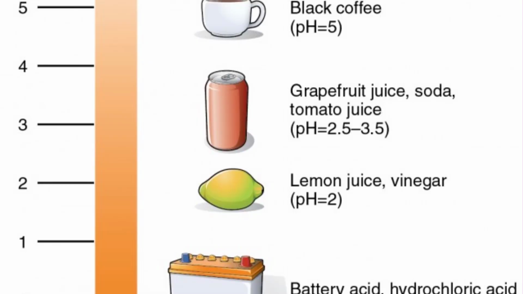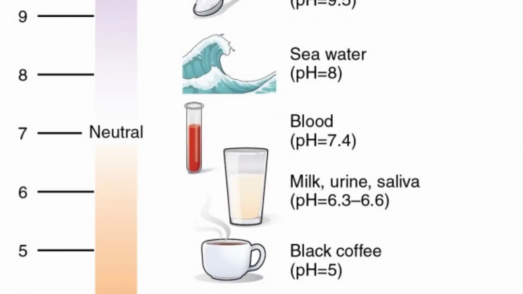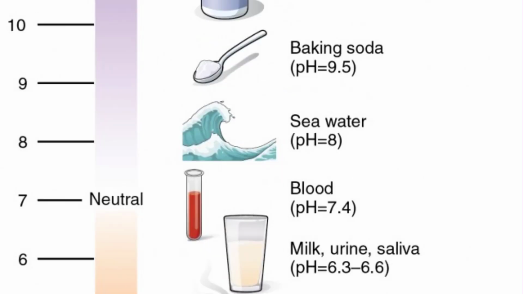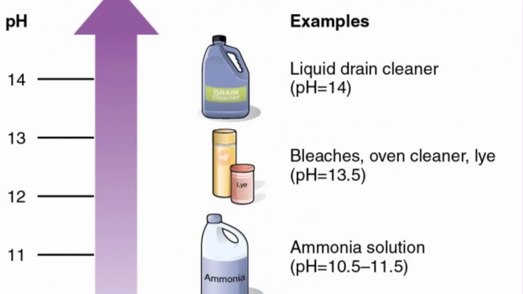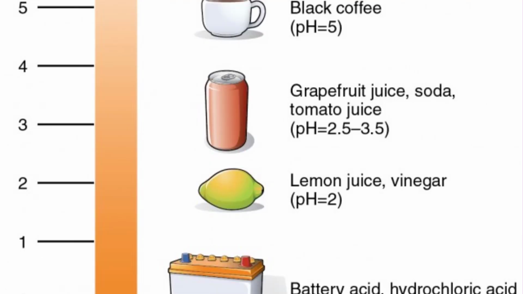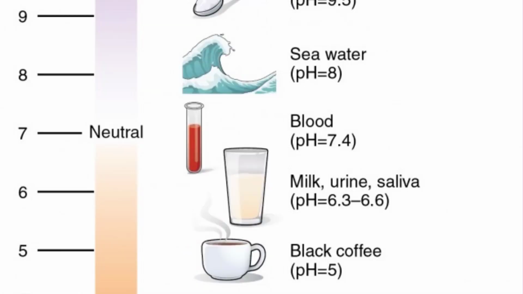As an example, a pH 4 solution has a hydrogen concentration that is 10 times greater than that of a pH 5 solution. That is, a solution with a pH of 4 is 10 times more acidic than a solution with a pH of 5.